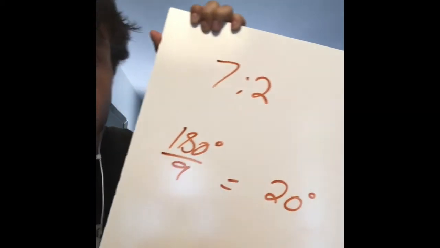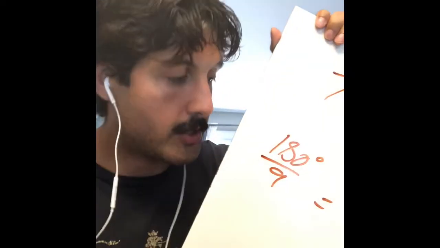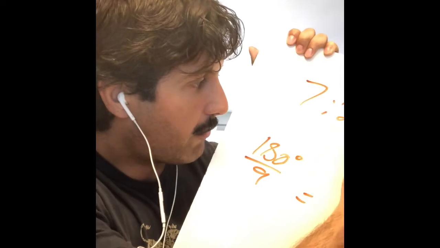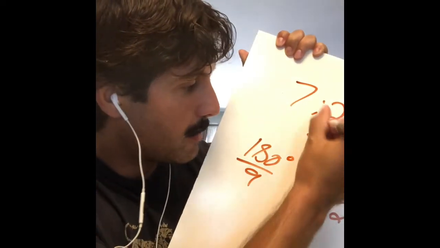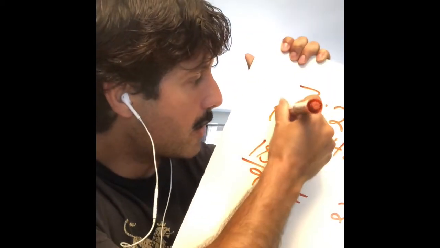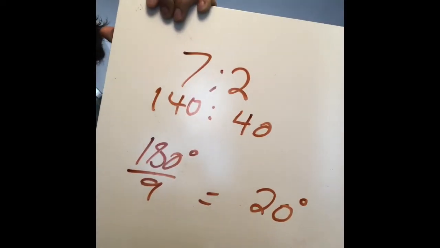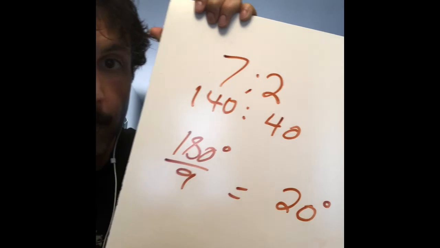So I know with the 7:2 ratio, each part is 20 degrees. So that's going to be 40 on the outside and 140 on the inside. So my interior angles are going to be 140. My exterior angles are going to be 40 degrees.